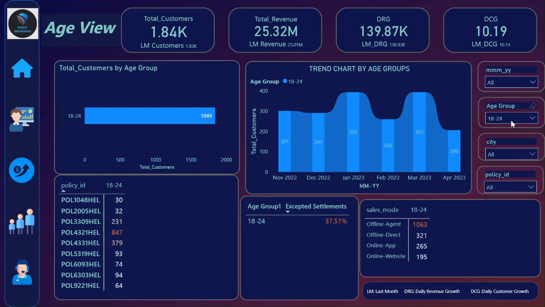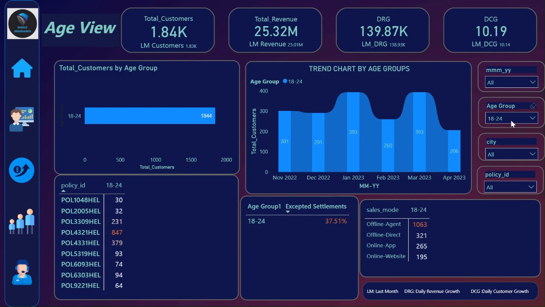It means 18 to 24 is the career growth age for people, so they are not focusing on insurance policies, whereas 31 to 40 is the peak age, and they are well settled. That's why they are focusing on insurance.